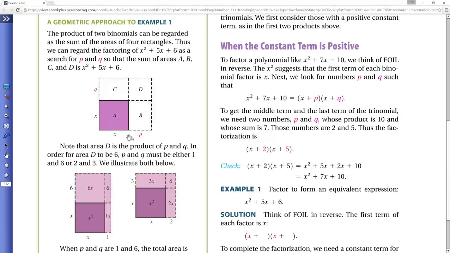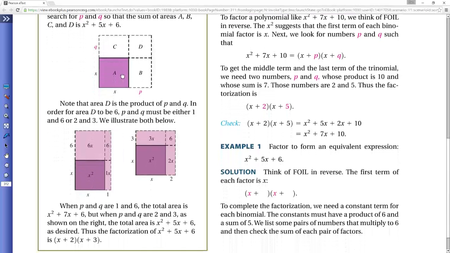Well, here's my binomial. This length right here is x plus p, and this length is x plus q. Well, if I multiply these two things, I'm going to get the area of this entire rectangle. So we kind of know what A is here. That first area is going to be x squared, right?